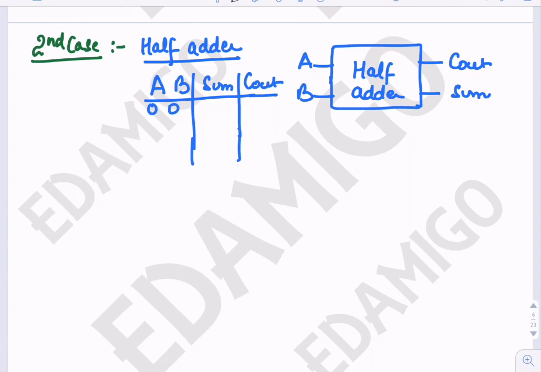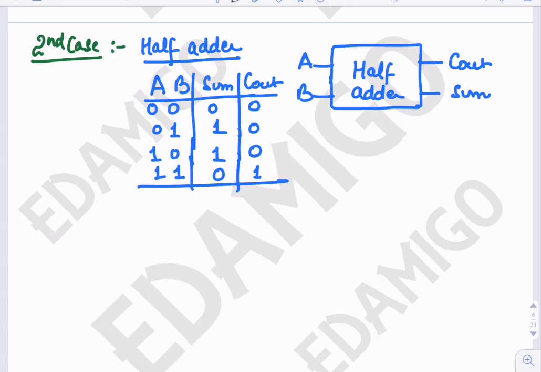When 0 0 is there, output is also 0 and 0. 0 1, sum bit is 1, carry is 0. 1 0, sum bit is 1, carry is 0. And when both A and B are 1, then the output is 1 0, that is carry is 1 and sum is 0. So sum is equal to A XOR B, and carry is equal to A into B.